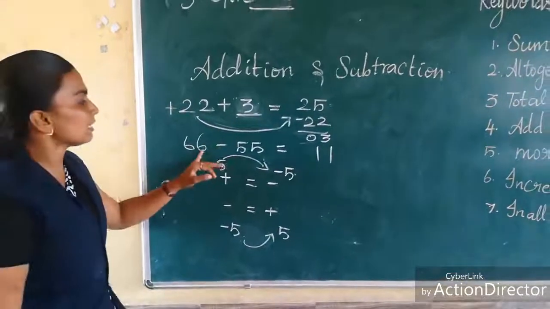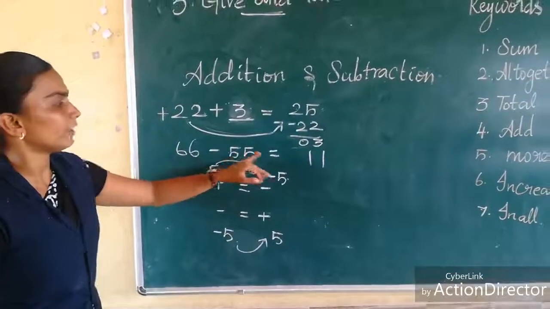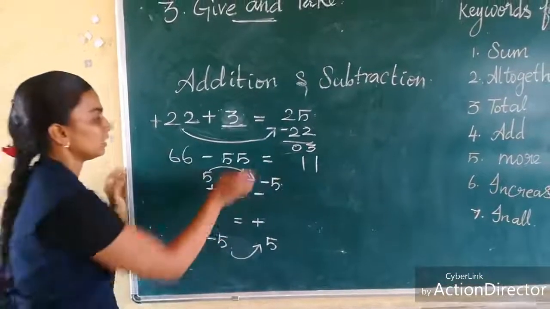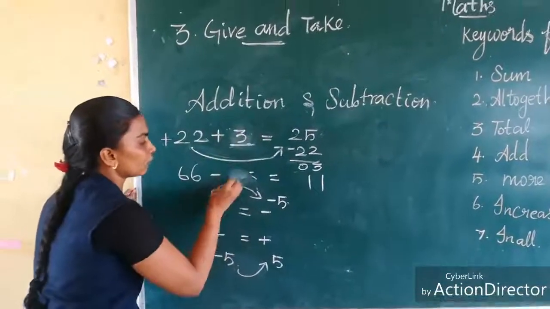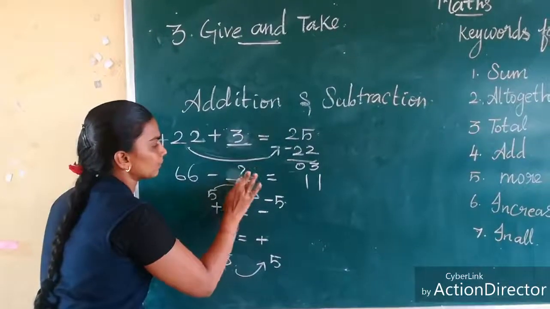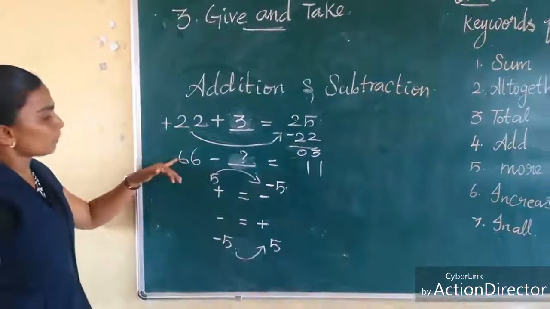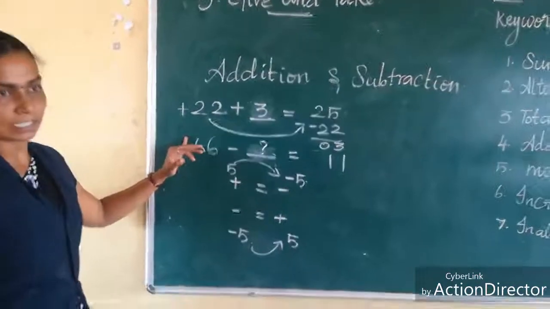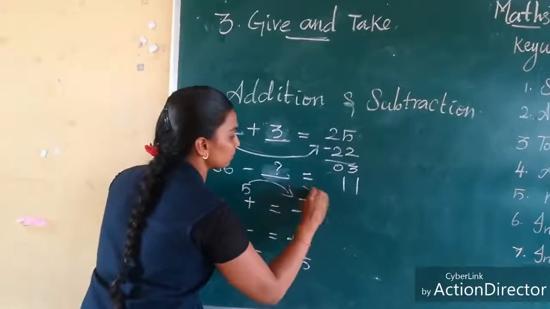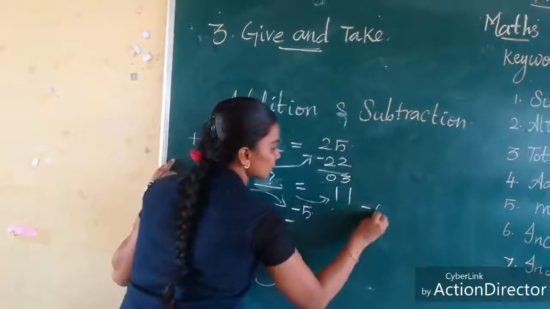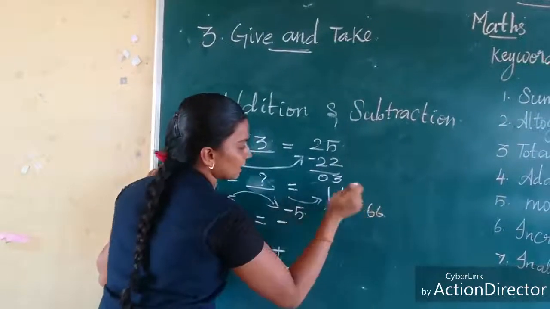Next, consider 66 minus 55, that is equal to 11. Here also we have to find out the number. Here the plus 66 comes to this side and becomes minus 66.